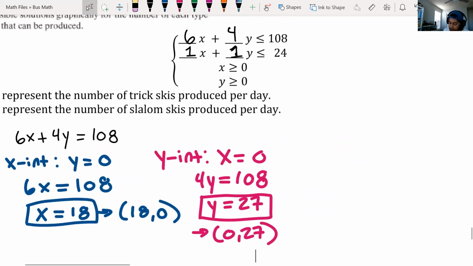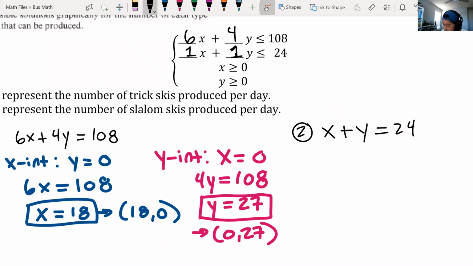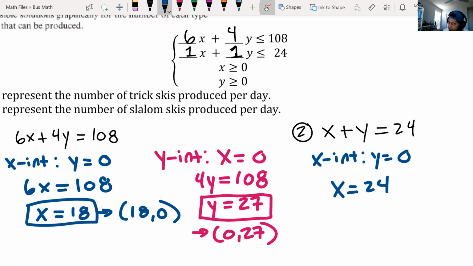Now we look at the second equation: 1x plus 1y equals 24. For the x-intercept, you let y equal 0 and x equals 24.